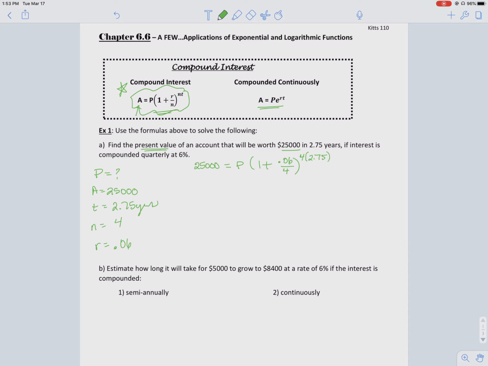So that's how we plug it in. Now notice that we've got to get P all by itself. So there's my P. So basically I need to divide by all of this. So I'm going to just divide by that, 0.064. We're going to do that on both sides.